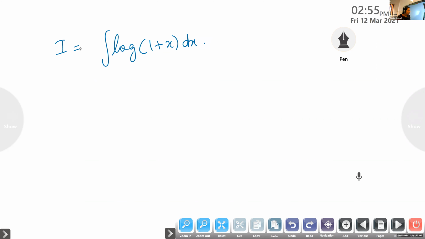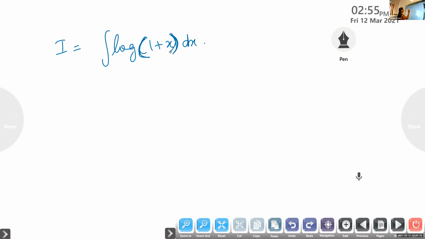The previous one we had simply log x, isn't it? Here what we have? 1 plus x. So within the function, you are getting another function. Within the function, if we get another function, what is the method we have learned? Substitution method. So here, this is a problem where we will use substitution method and integration by parts.